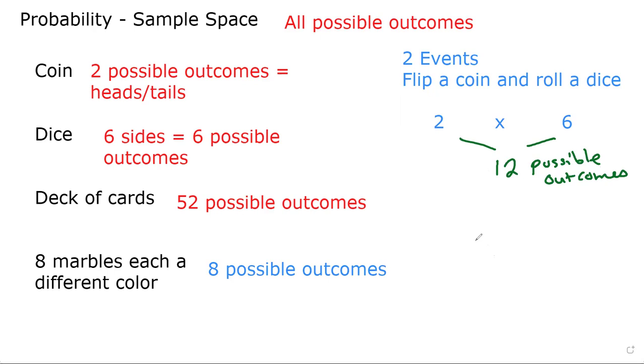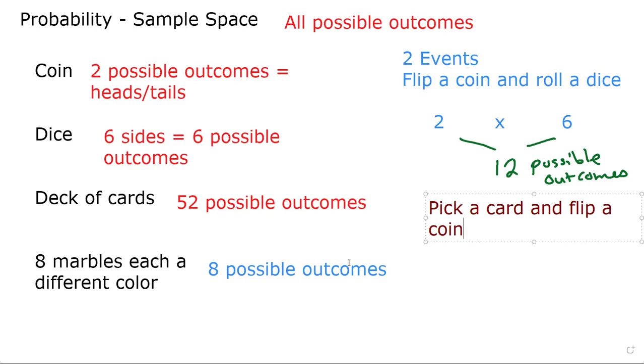Let's try another one. Let's say we pull a card. So pick a card and flip a coin. You want to do both of those.